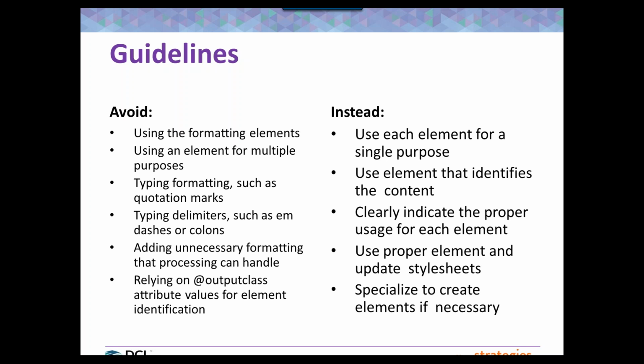Because Japanese doesn't have italics. So then the translator has to look at that and say, well, why did they make that italics? Oh, okay, because it's a term. And so then they have to strip out the italics and put in whatever formatting they need in Japanese. Whereas if you had just used the term element, they simply could have replaced the text within the element and not touched the formatting at all.